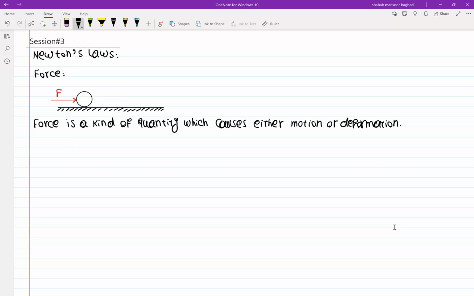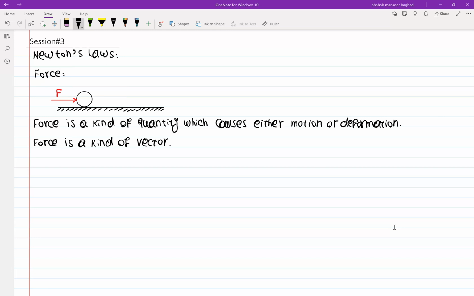This is next example of vector, and that's very important. Force is a kind of vector. The unit of force is Newton, the name of this person.